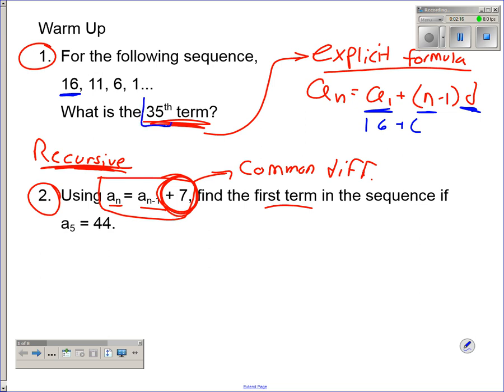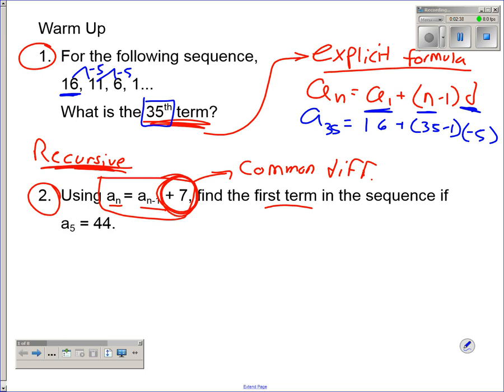Yeah, 35, that is our end value, that's what we're solving for. And then our common difference is what? Yeah, we're subtracting 5 each time. So I'm going to put a negative 5 right here. And this will find us our 35th term.